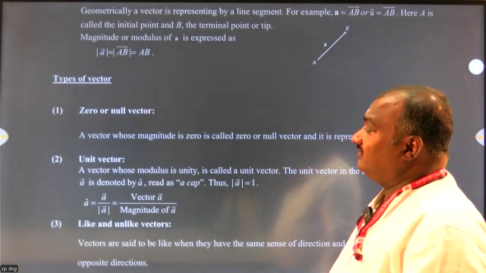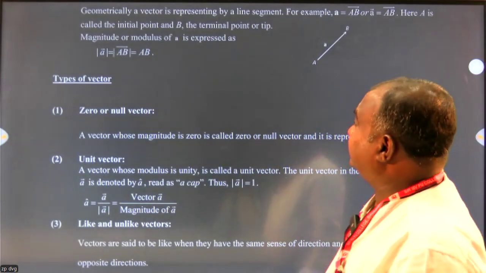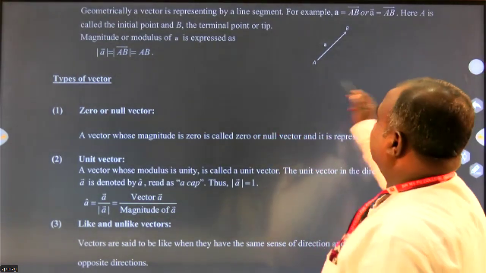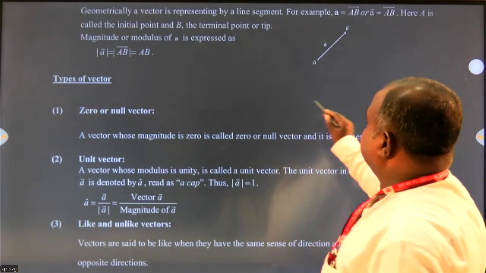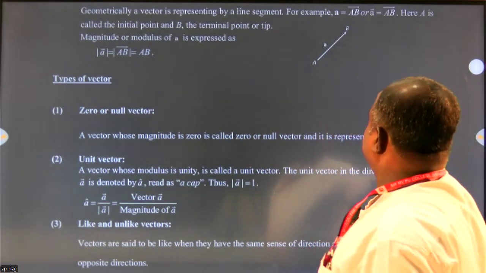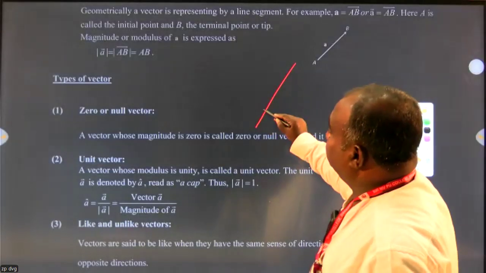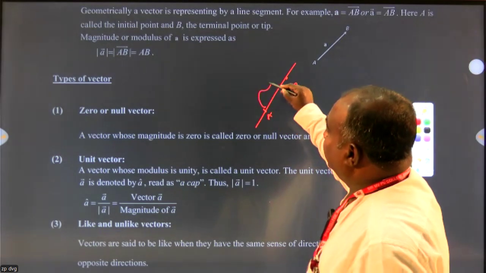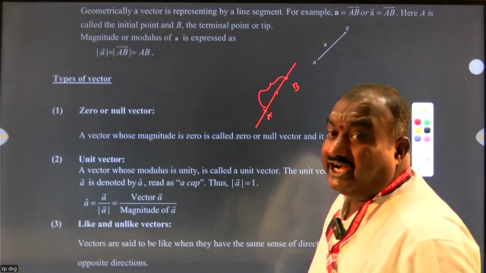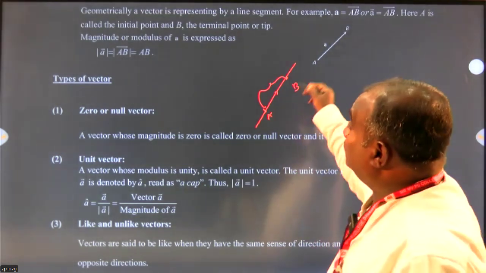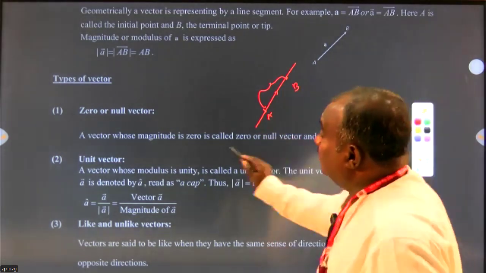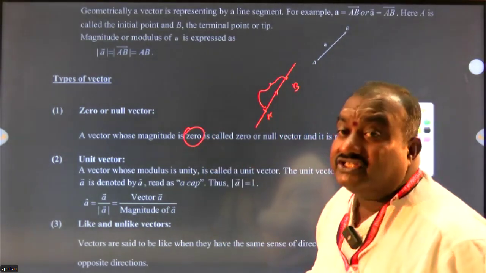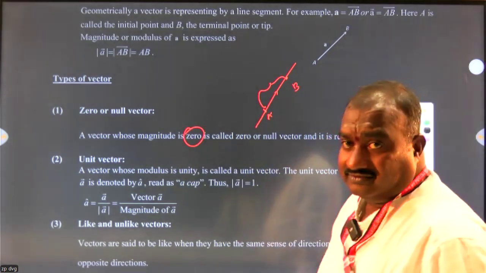First, you should know the magnitude of a vector. A vector is a line segment joining two points, for example, point A and point B. The distance measured from A to B is called the magnitude of the vector. If the magnitude of the vector is 0, then it is called a zero vector or null vector.